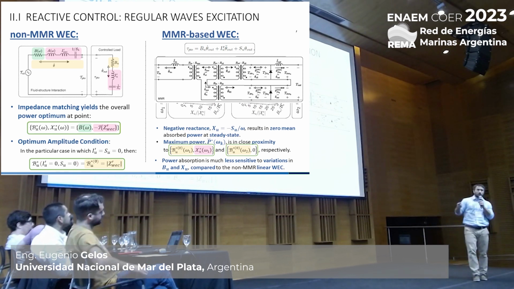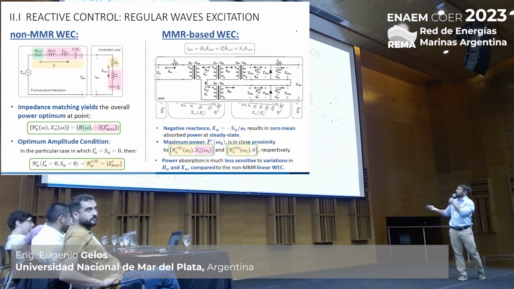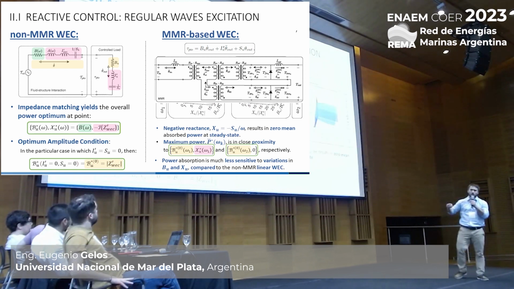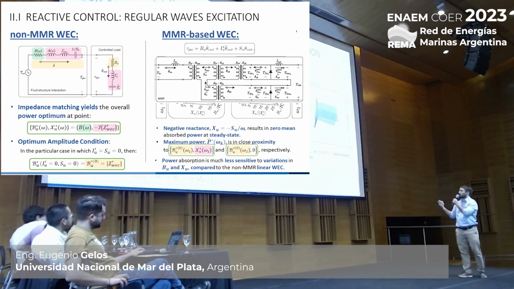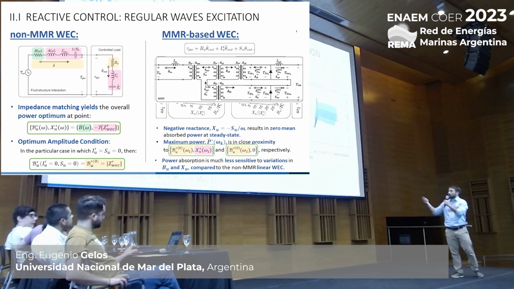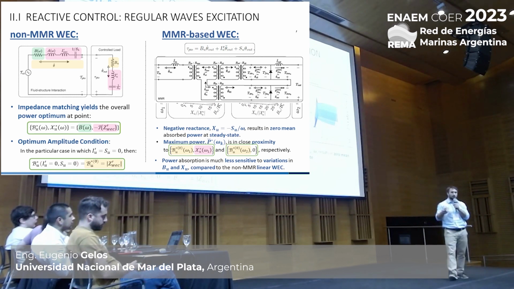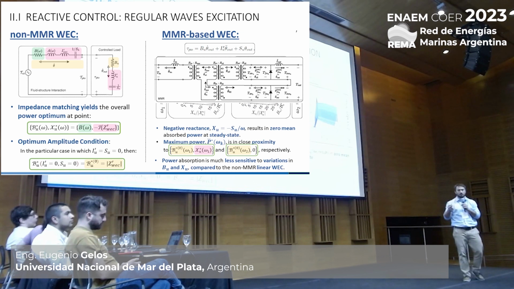In order to evaluate how the MMR's nonlinearities affect the implementation of this reactive control, we proposed two different frequency scenarios: one below the WEC's frequency and one above the WEC's frequency. We obtained the steady state mean power absorption for each of these cases as a function of the resistance and reactance of the control load, as we can see in the two figures.